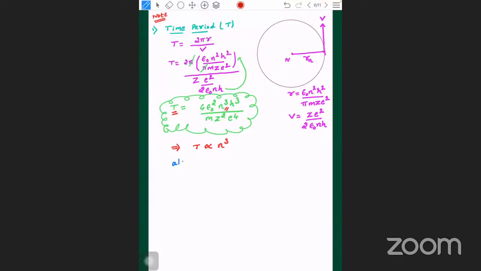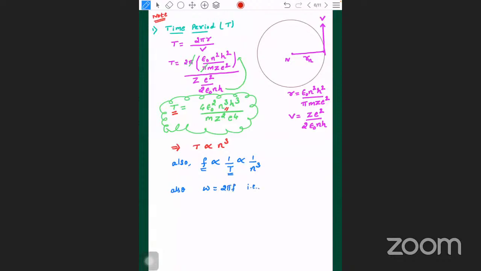Now, can you tell me how the frequency and the time period are related? Frequency is inversely proportional to the time period, so frequency is inversely proportional to n cube. Also, you know that angular frequency omega is 2 pi f.